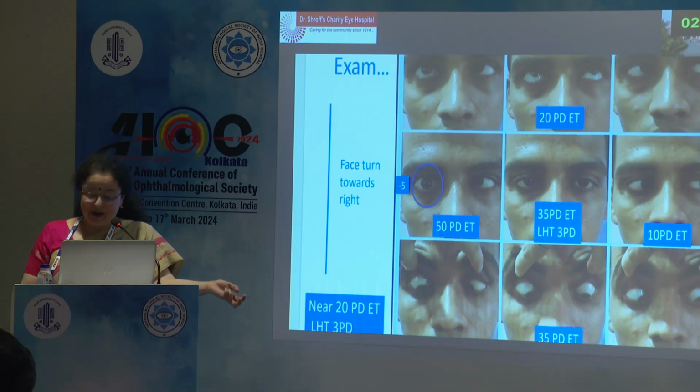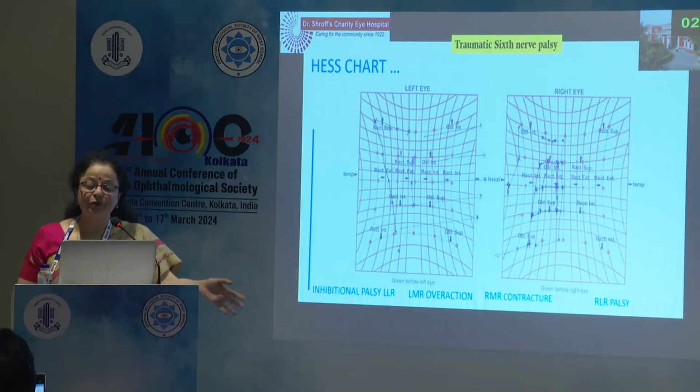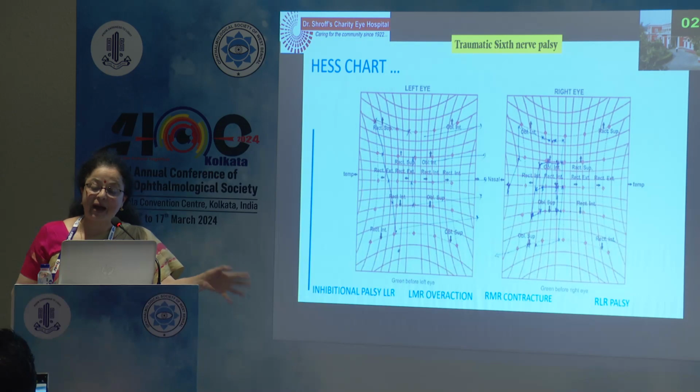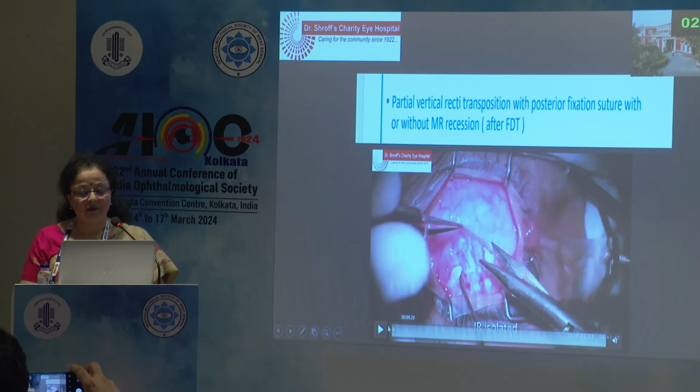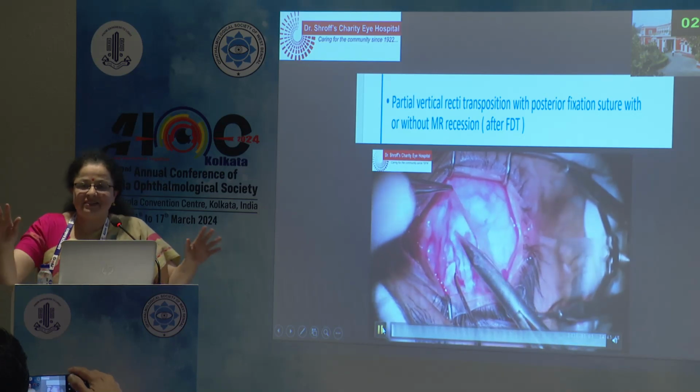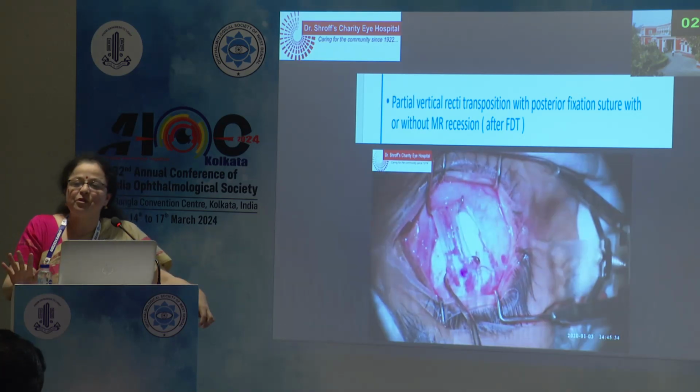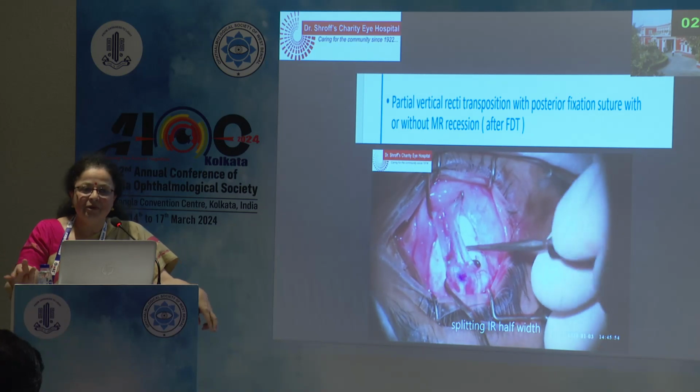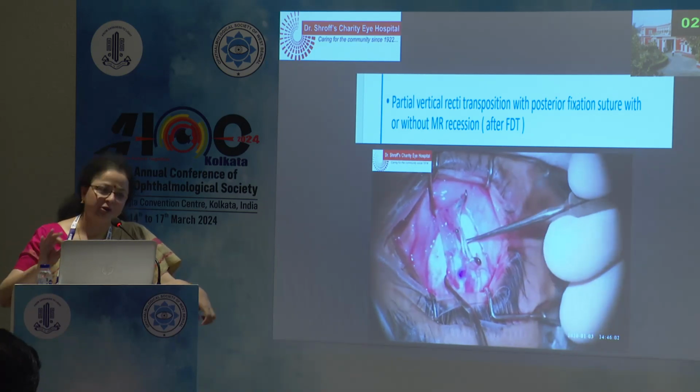So there's a traumatic 6th nerve palsy. So this is why you'll do a Hess chart. And then as time-tested, like how we say the standard procedure, I still do a half split VRT because I find that this works and it has always worked.